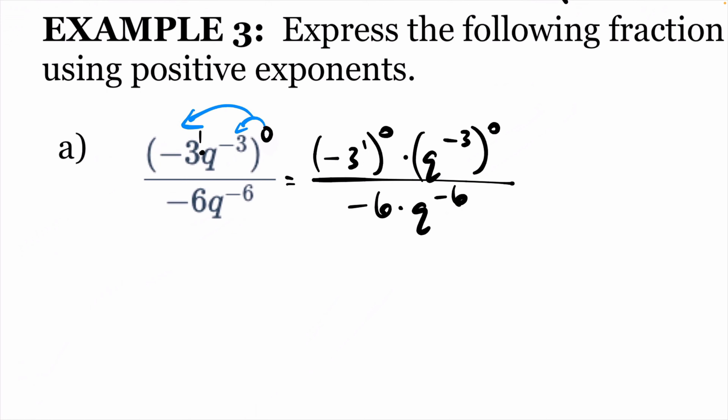Now I can multiply. A power to a power is rule 3. Multiply. 1 times 0 is 0. Negative 3 times 0 is 0. So I get negative 3 to the 0 power, q to the 0 power. Bottom stays exactly the same.